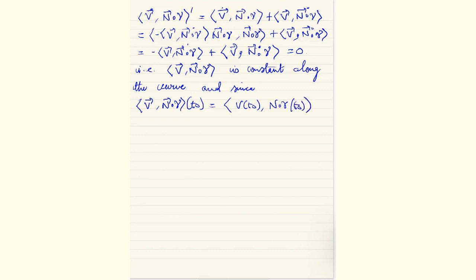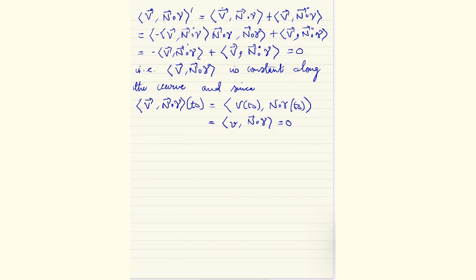V of t naught is the little vector v, and the normal will remain that. But the little vector v was chosen so that this was tangential, right?